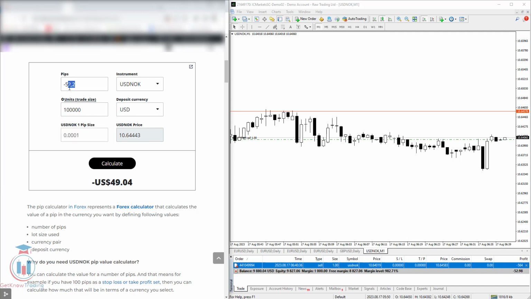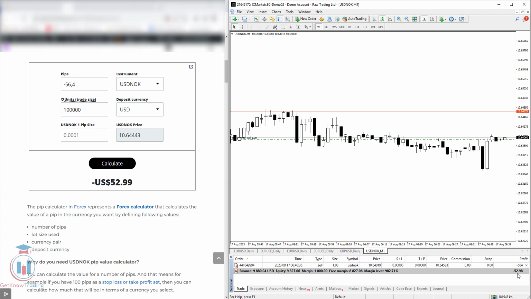Let's change this one to 56.4, click calculate, 52.99. You can see 52.98. It is slightly different because the rounding inside this calculation, also this Pip calculator, is slightly different. The second decimal point in this result is different, so it is nothing worth bothering about.